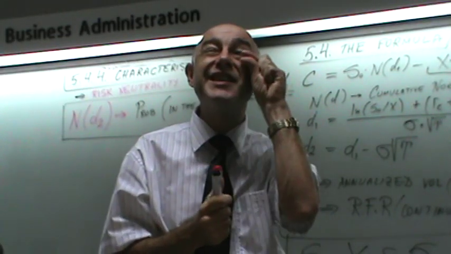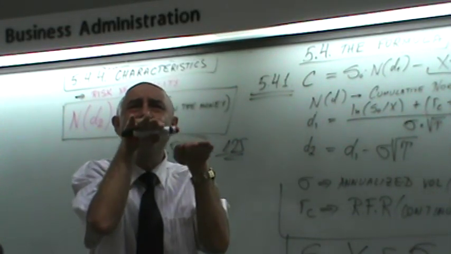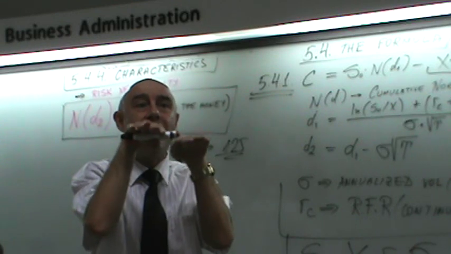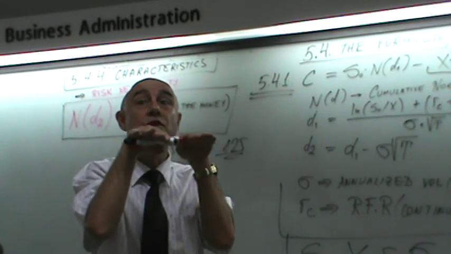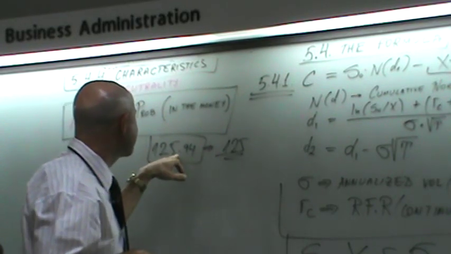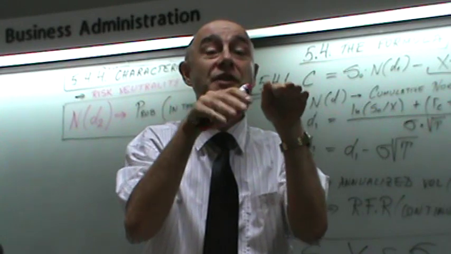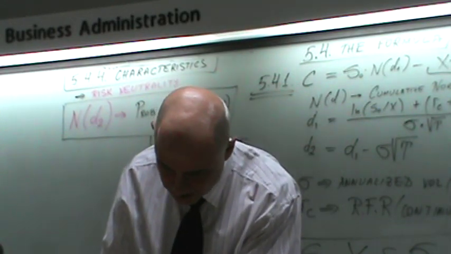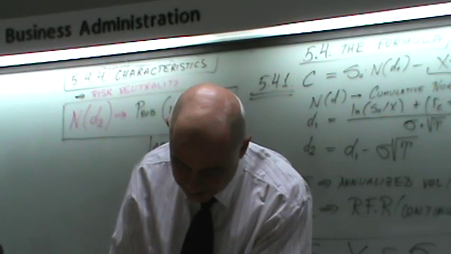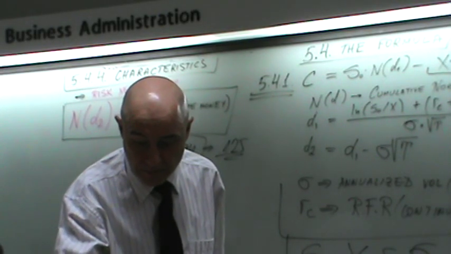So with a probability close to 50%, you know that you're just about at the money. Well, how could this price be higher or lower? It depends on how long the option is.